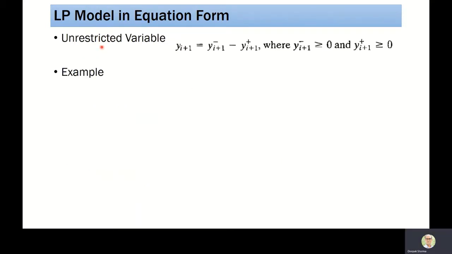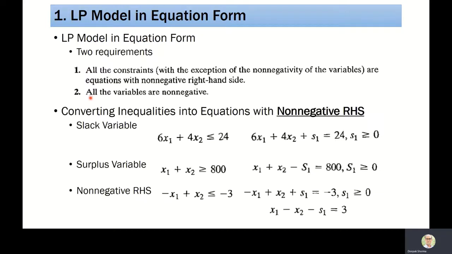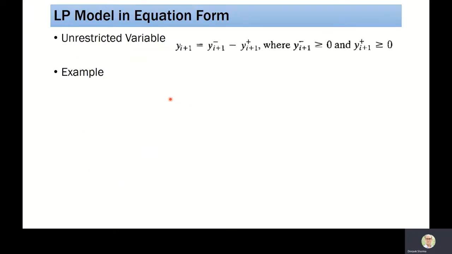There could be another kind of variable, called an unrestricted variable. An unrestricted variable can take negative values and positive values. And we understand that the second condition for an LP model in equation form is that all variables should be non-negative.